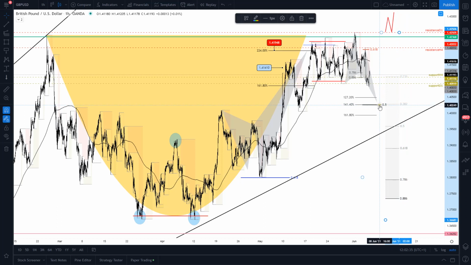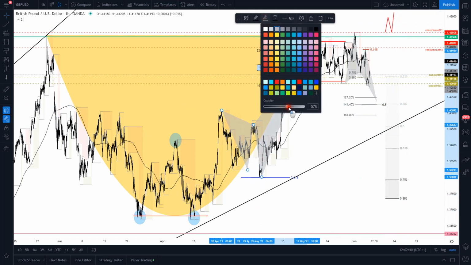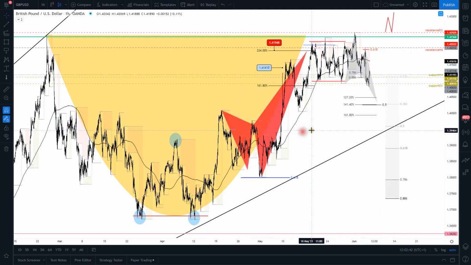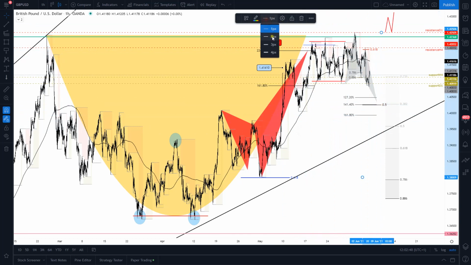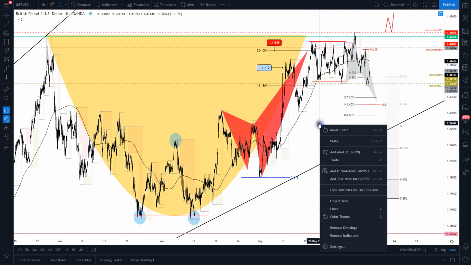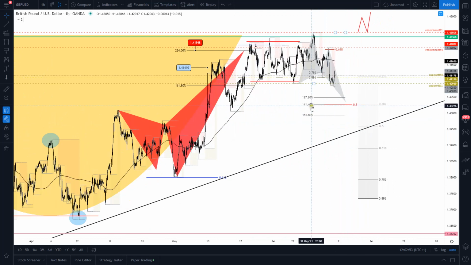38% fib, the 50% Fibonacci retracement, which is a default target for this bearish shark pattern printed at 224. So we expect that Fibonacci as a default target for the pattern. And we have this bullish butterfly pattern right there.